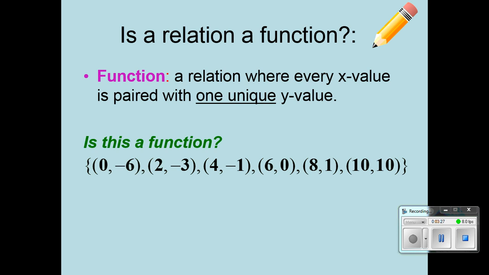Well, when I look at this, I'm looking for any x values that double up. Well, I see a 0, and I don't see any other zeros. I see a 2, and I don't see any other 2s. I see a 4, but no other 4s. I see a 6, but no other 6. 8, no other 8s. A 10, no other 10.